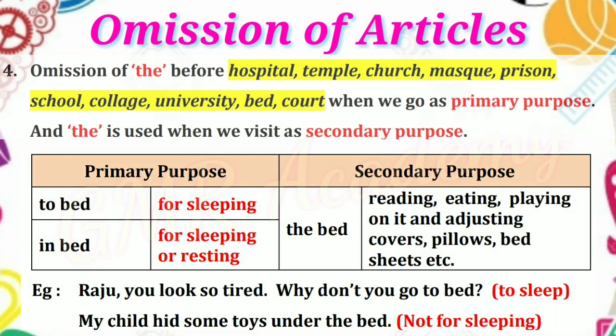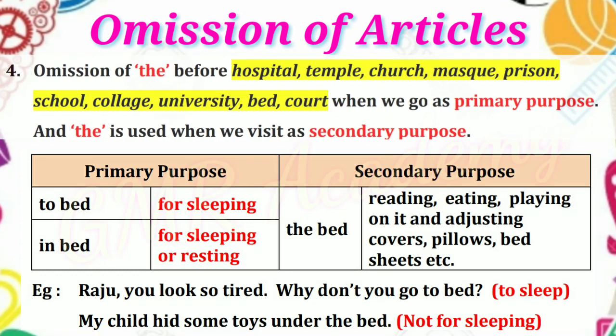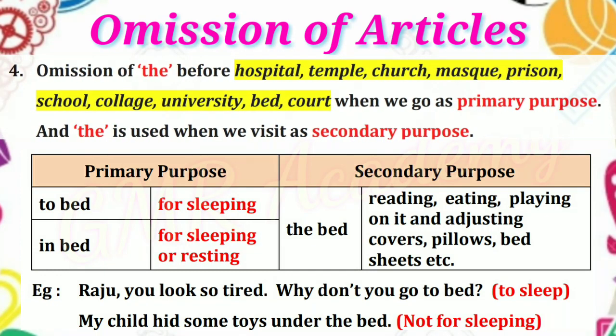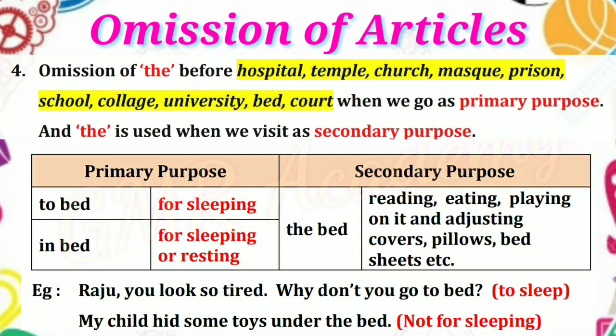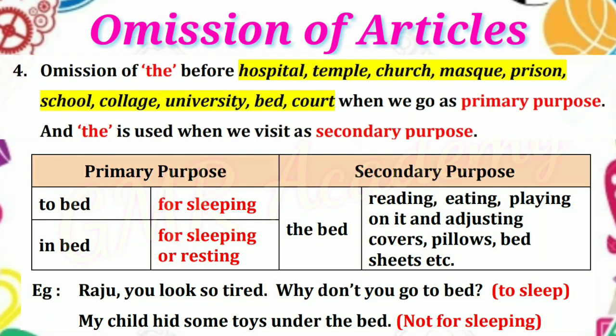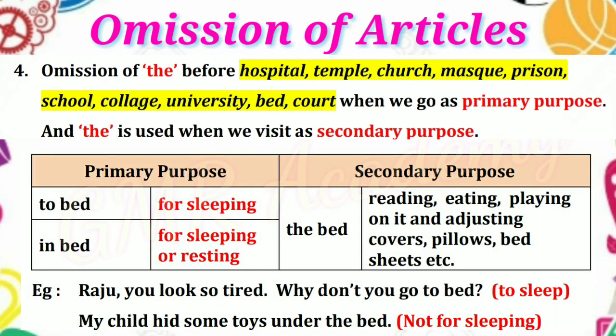For example, if we take bed as primary purpose: to bed, which means for sleeping, in bed, which means for sleeping or resting. For the secondary purpose of bed, we should use the definite article the. Before bed, meaning reading, eating, playing on it, and adjusting covers, pillows, bed sheets, etc., we should use the definite article the.